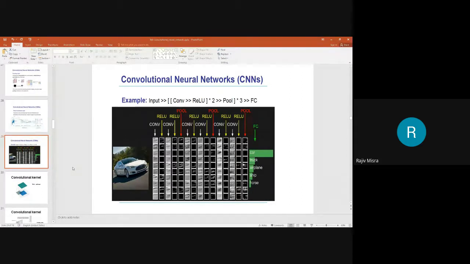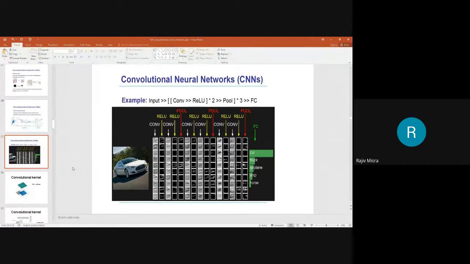It comprises a convolution layer and the ReLU layer 2 times. So you can see convolutional ReLU, convolutional ReLU, 2 convolutional ReLUs, followed by a pooling layer, and this entire thing is repeated 3 times.